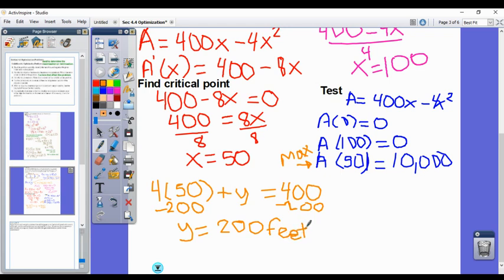Okay, so we know that x is 50 feet, y is 200 feet, and if we are going to find the area, we're going to do x times y. So in this case, we're doing 50 feet times 200 feet, which is going to give me 10,000 feet squared.